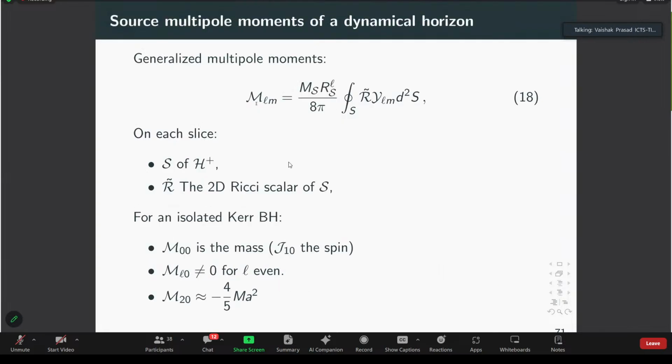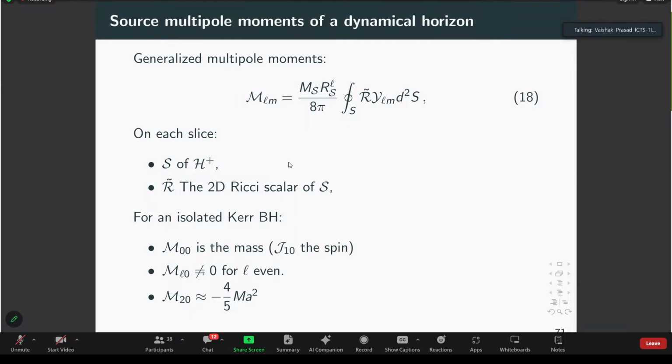So immediately, what I did was to compute certain generalized multipole moments. These multipole moments are defined again on the dynamical horizon, but using a more general basis function adapted to the deformed horizon geometry. The Ricci scalar of the individual slices, the leaves of the dynamical horizon, are expanded, projected on these bases, and these generalized multipole moments were computed.